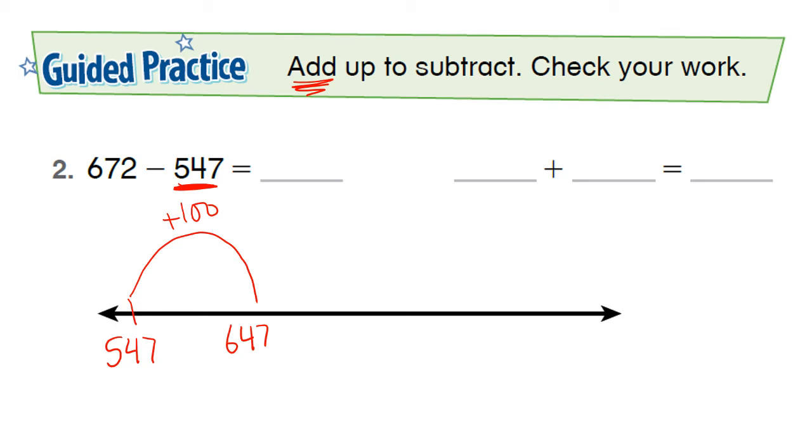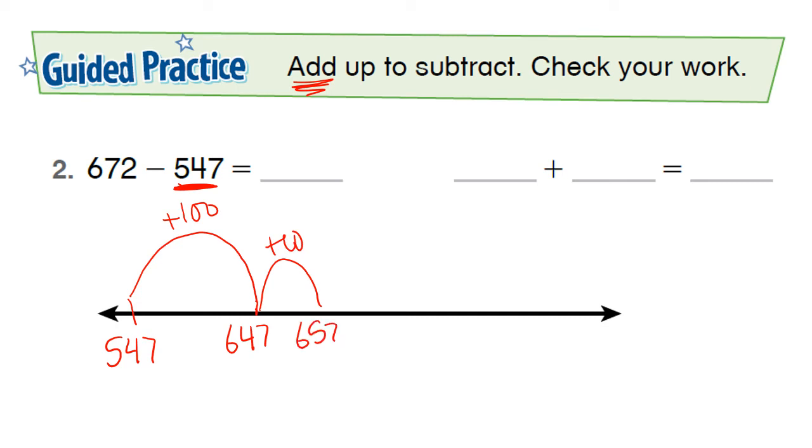Now I need to add tens. Again, I would like to try to do this, get as close as I can without going over. So I'm going to add 10 at a time, just to make sure I don't go over. So 647 plus 10 is equal to 657.